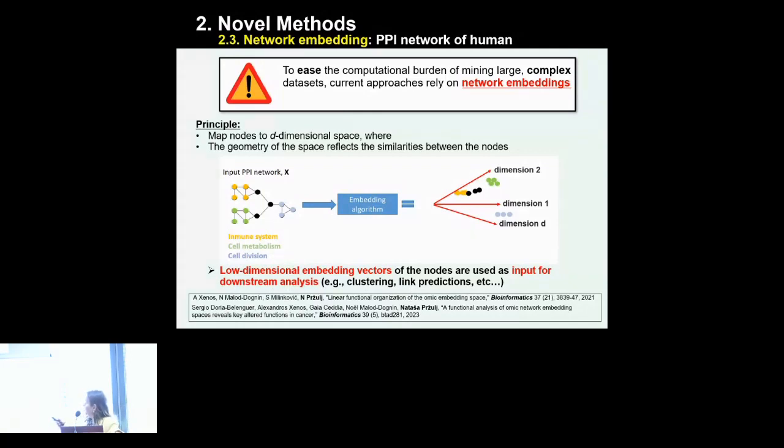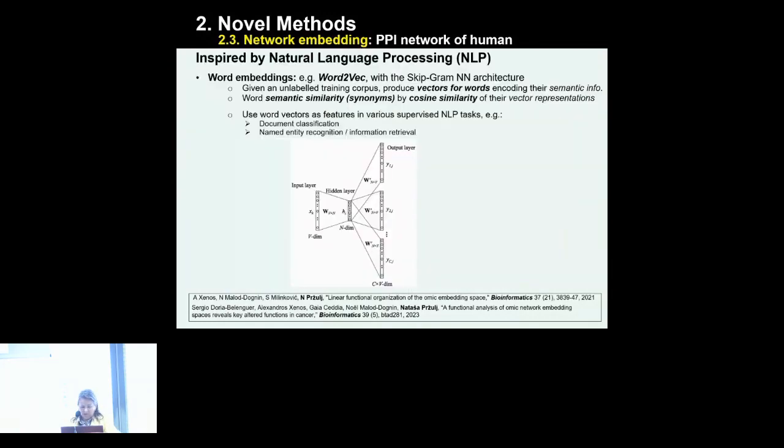You use some embedding algorithm, you embed into some space, and then use those embedding vectors in downstream tasks, machine learning for clustering, link prediction, or whatever else you'd like to do. But here we wanted to do something different. We asked different questions, and everybody's now using transformers and stuff like that, which posed many questions and controversies that we have seen earlier this year. We wanted to do something else.